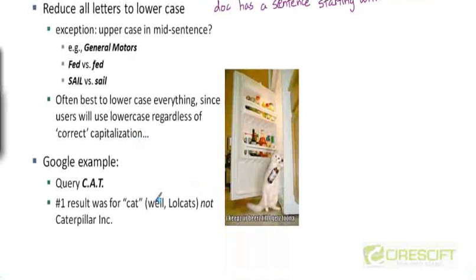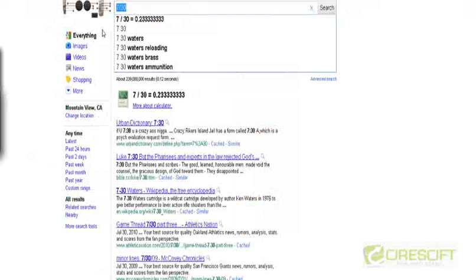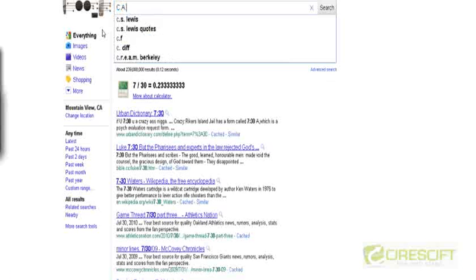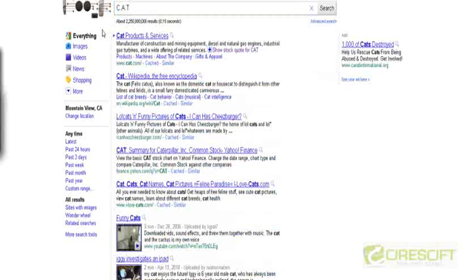Here's an example where let's take this query c.a.t. This stands for this company Caterpillar Incorporated. And even today I was just checking, if you enter this query on Google, you see that the first result is on cat products and services.